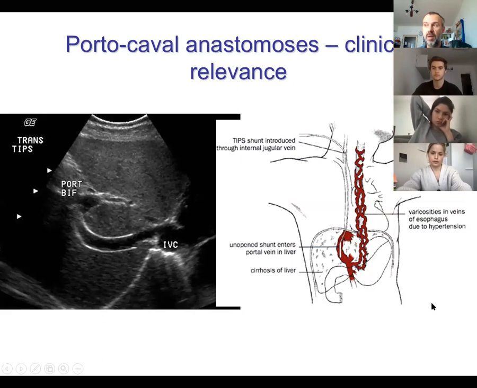So transjugular intrahepatic portosystemic shunt, you just drill it, you can see how it connects here. And then there is a relief in portal hypertension, but it does not solve the problem with the ammonium.